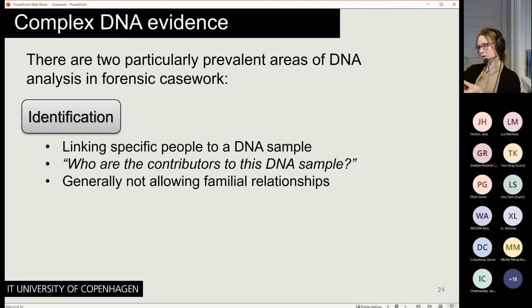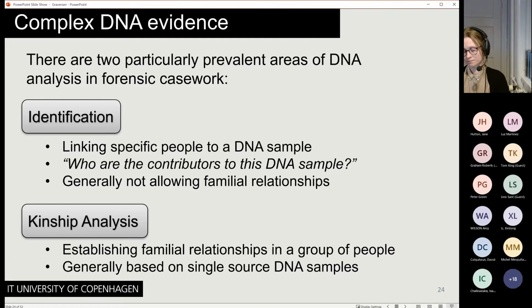Everything about linking specific people to one or more DNA samples. And generally, these methods and software don't allow familial relationships. Some programs make some adjustments of various sorts, maybe to cover the unknown brother alternative. There are little extensions, but not very comprehensively.